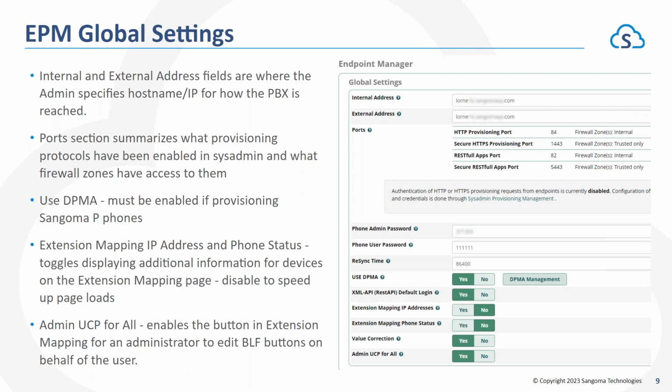And the very last one at the bottom, admins UCP for all. Generally, you want that enabled. That allows you as an administrator logged into the admin GUI to be able to edit the phone button layout as if you were a user in the same way that the user sees when they log into UCP.